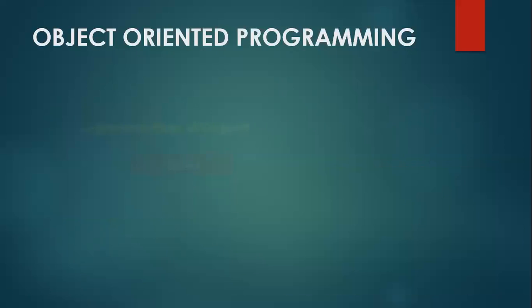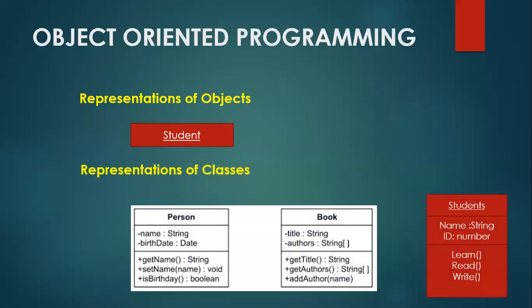That is about class. And next, the common representations of objects and class. An object is represented graphically with a rectangular box with the object name underlined. And the common representation of a class is three rectangular boxes. The first rectangular box indicates the class name.